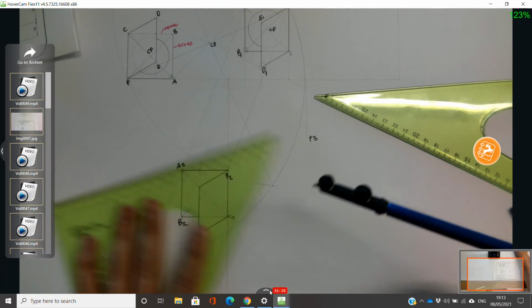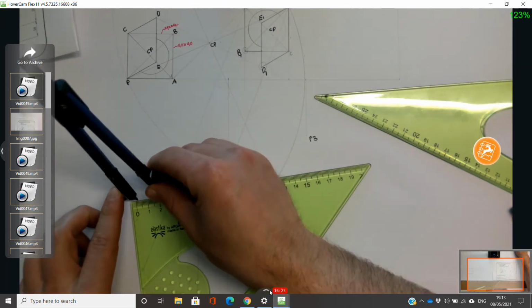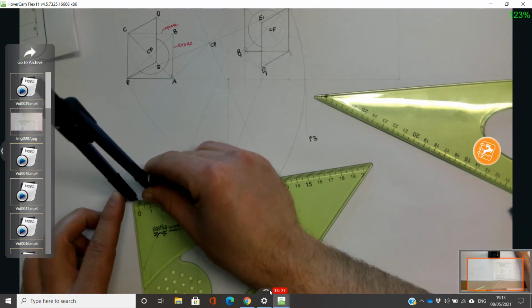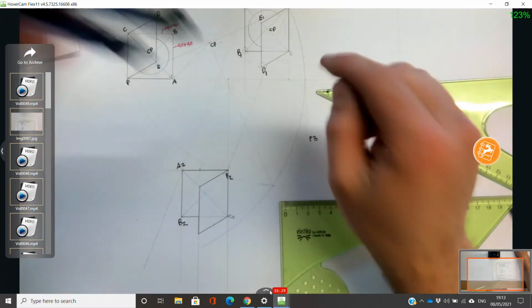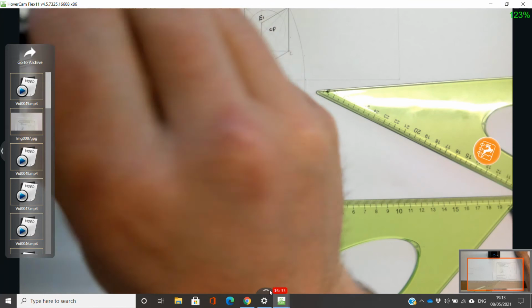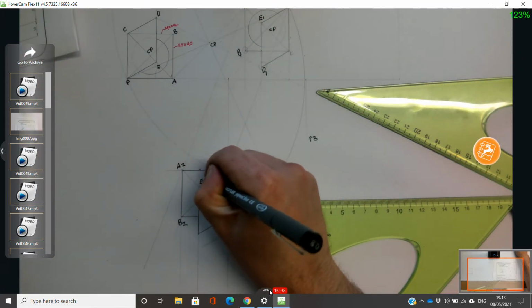Let's set our circle back to 16 millimeters the radius. So 16 millimeters, and it's heavy in the area of PEB. So PEB. So that is here, E2, D2.